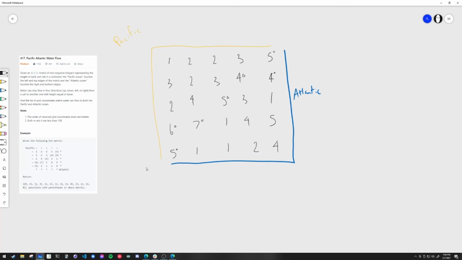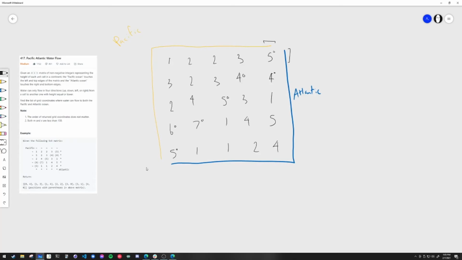So if we look at 5, this one's pretty evident why. It's because it shares a side with the Pacific, and it shares a side with the Atlantic. So by definition, water here flows into the Pacific and into the Atlantic. Does that make sense?